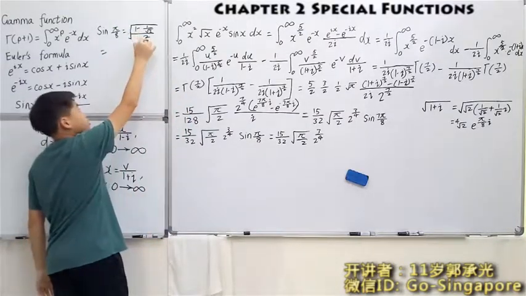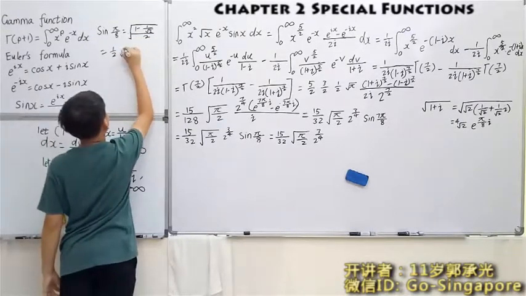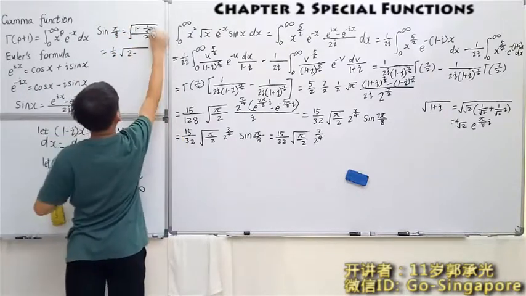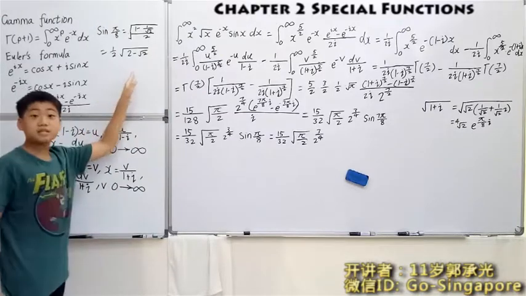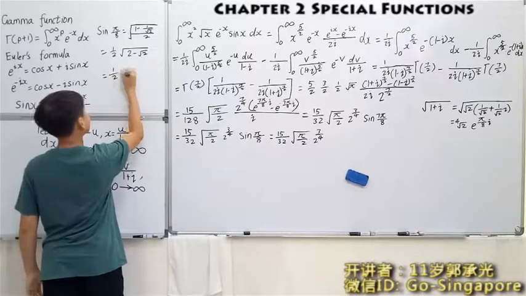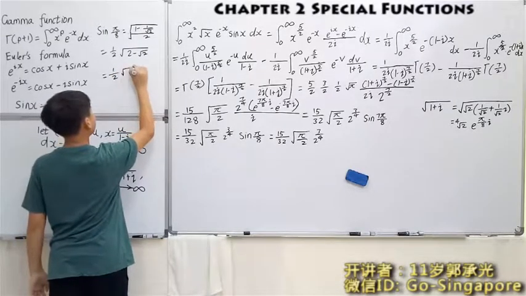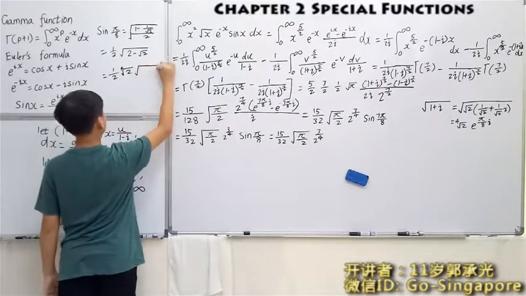Both times 2, then this will become a 4. Then it goes out. This, an extra 2, becomes a square root 2. But then inside, it seems like that we still can continue to simplify. A square root 2 at most. So, a fourth root 2.